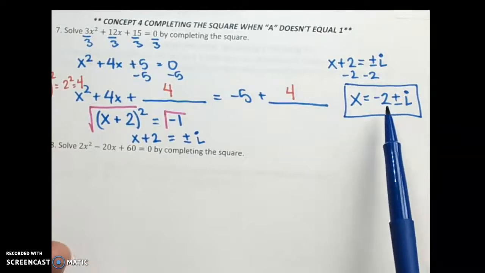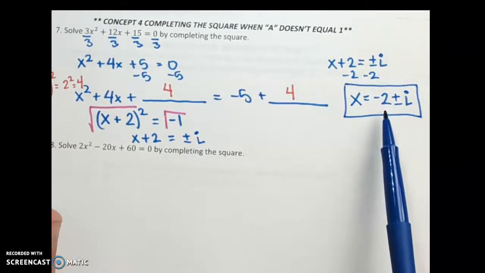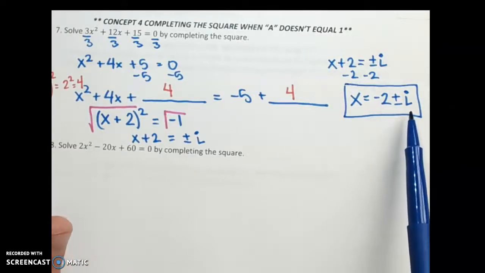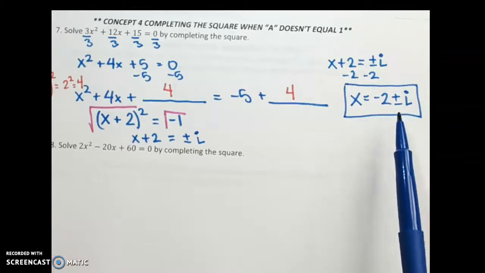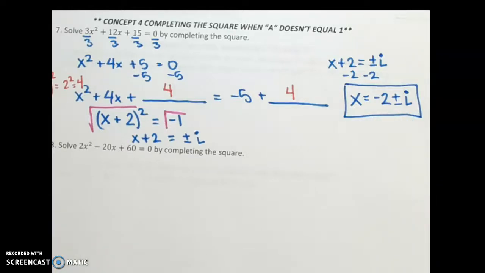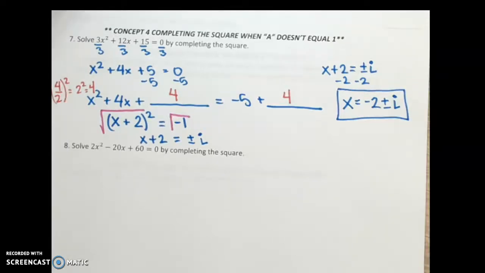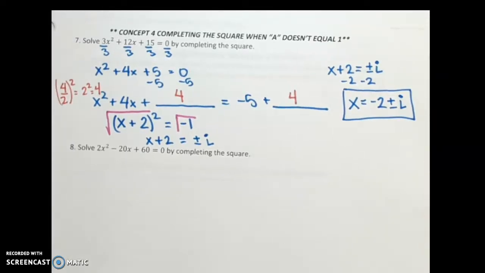Just a real quick reminder, your real part always comes first. Your imaginary part would come second. That's how we write complex numbers. Take a look there again, and try number 8 all by yourself. Get rid of that a term, solve for x, and then write your complex number, real, and then imaginary.